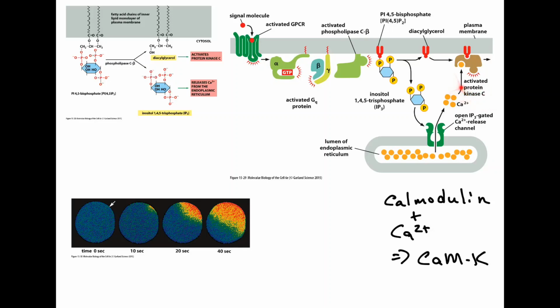So the calcium causes the migration of a still inactive protein kinase C to the membrane, and the significance of being on the membrane is that now protein kinase C can interact with diacylglycerol, the other product of the phospholipase C beta reaction. So once you have calcium and diacylglycerol present in the same location on the membrane, then you have activated protein kinase C, and then downstream processes occur.